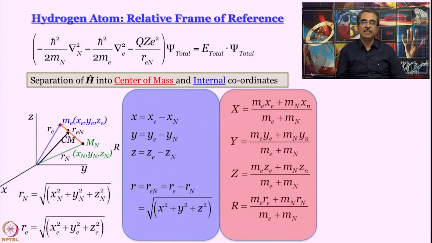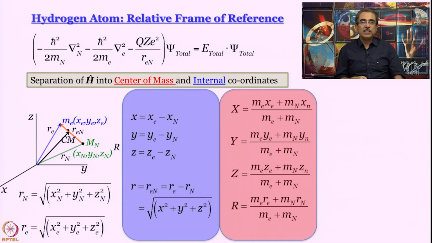We have to make this a little simpler, and we are not going to go through the mathematics of this, but it might help if you understand at least what the frames of references are. So, this is how we can formulate the problem. Let us say this here is the nucleus and this is the electron. So, xn, yn, zn and xe, ye, ze are the coordinates of the nucleus and the electron respectively in a space fixed coordinate system, some absolute coordinate system.